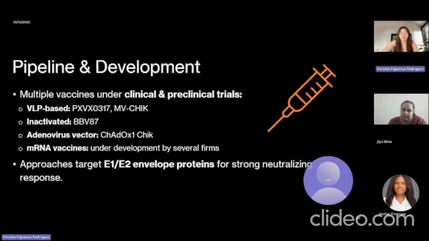So they're working more on mRNA or virus-like particle ones. Their approach is to target E1 and E2 envelope proteins for a strong neutralization response. So it's not to protect you from getting infected, it's to prepare your body so that if you get infected, the symptoms are neutralized.